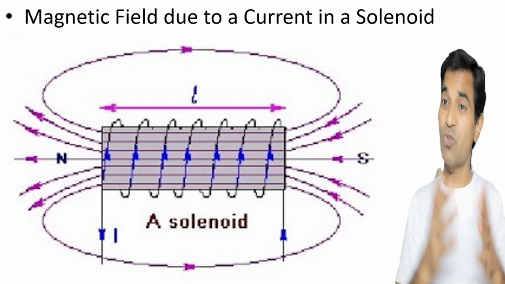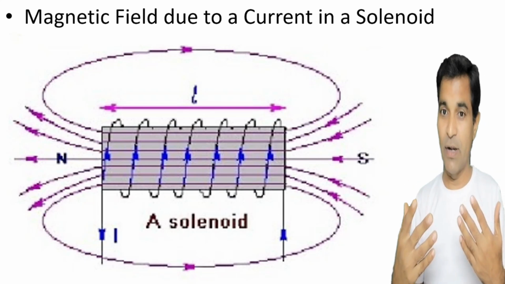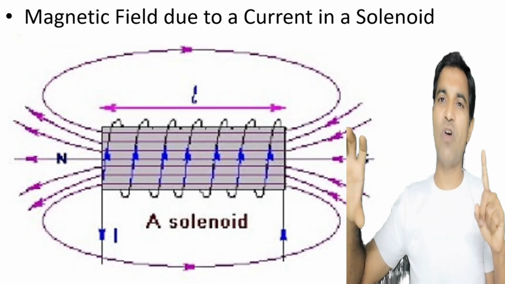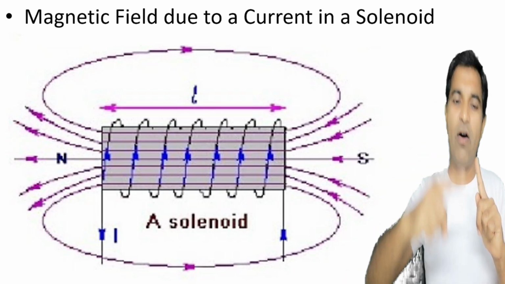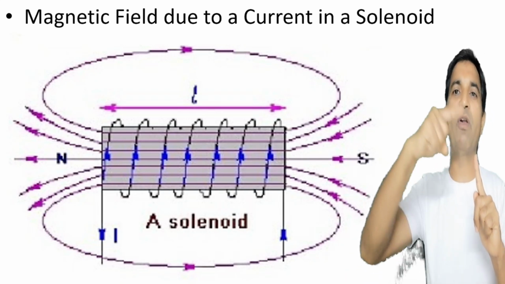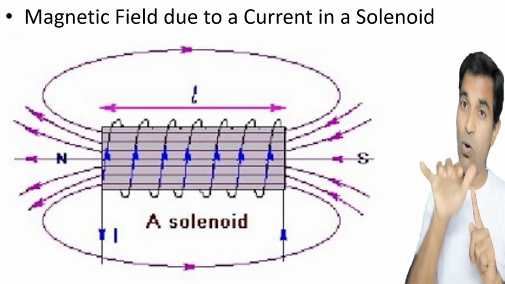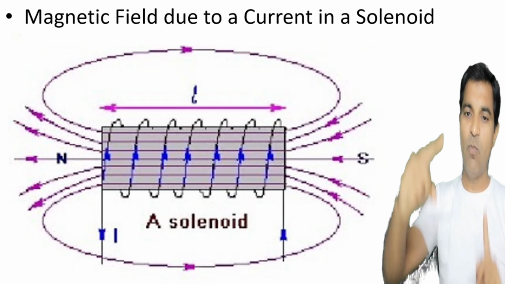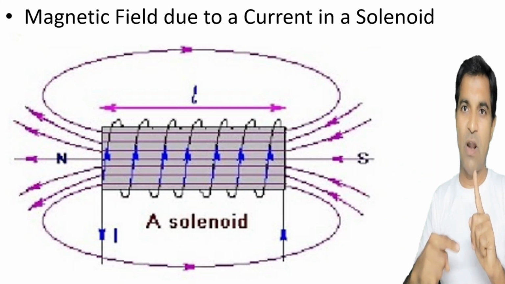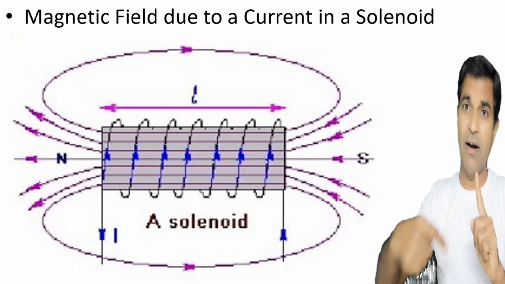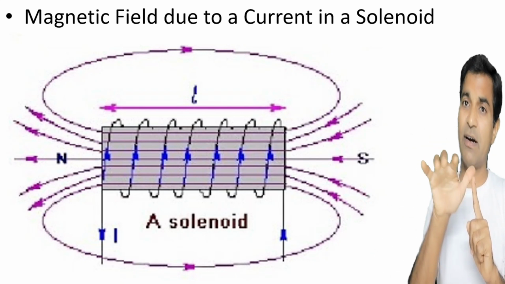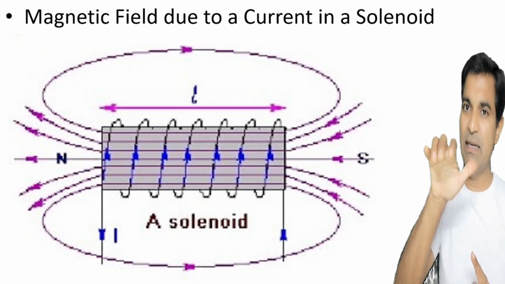Now let us talk about the solenoid. A solenoid is nothing but a soft core material on which we have wrapped a copper coil. Now when we pass current in those conductors, the direction of current may be given by these fingers.